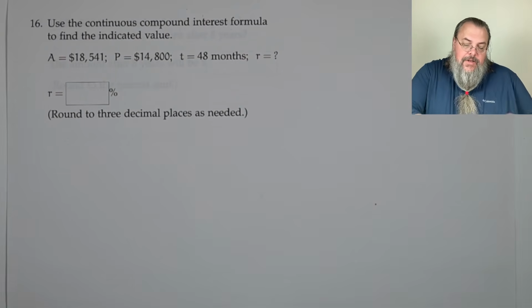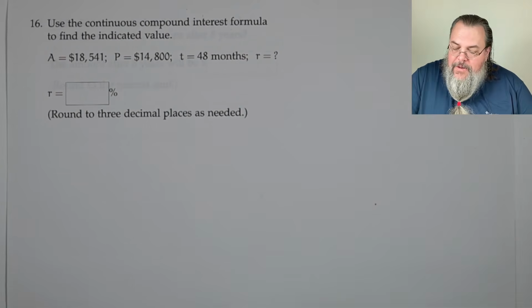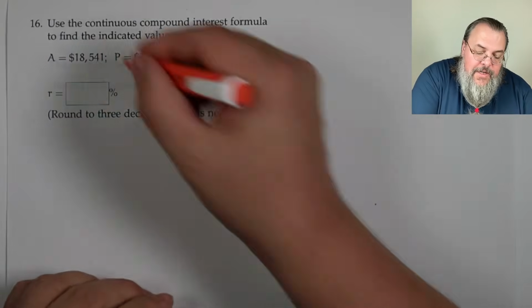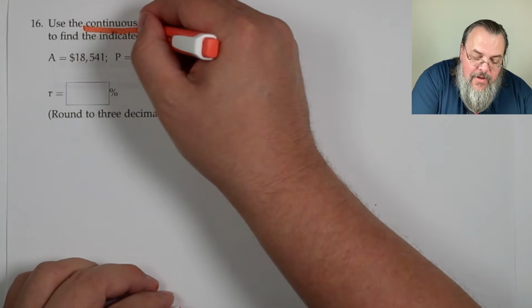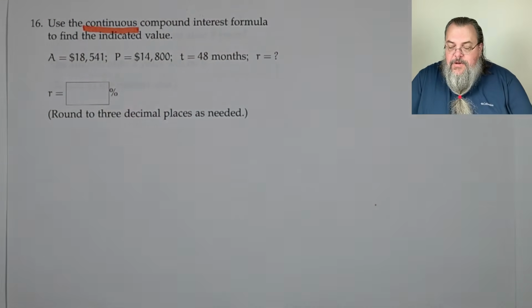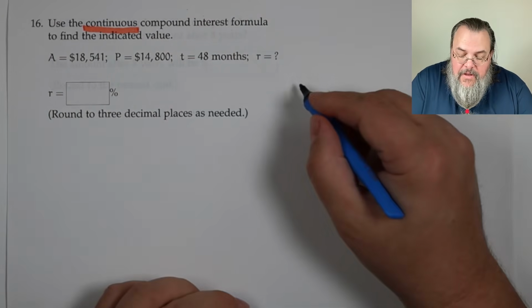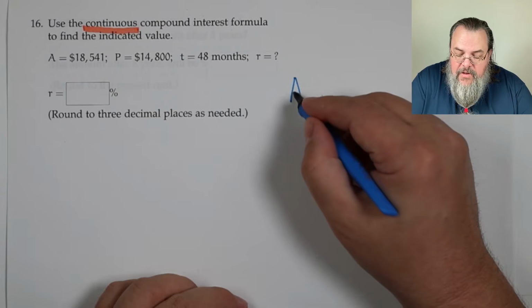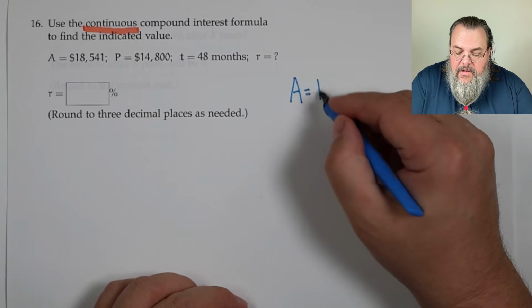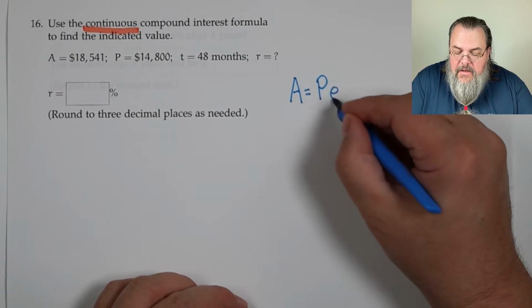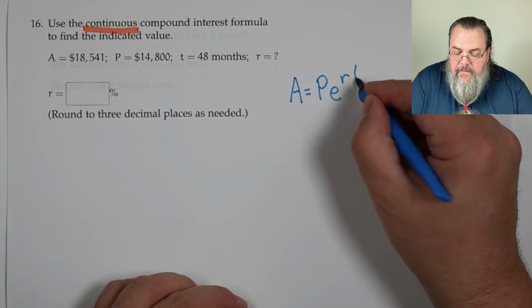Now, which setting are we in? We're in the continuous compound interest. So there's a key word here. When you have continuously compounding interest, that makes the formula very easy. The amount is going to be what you started with, P, e to the rt.